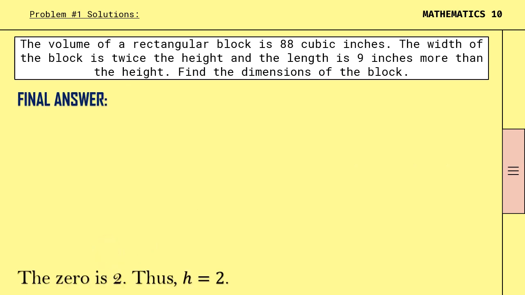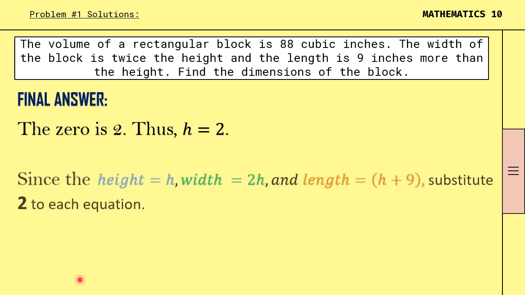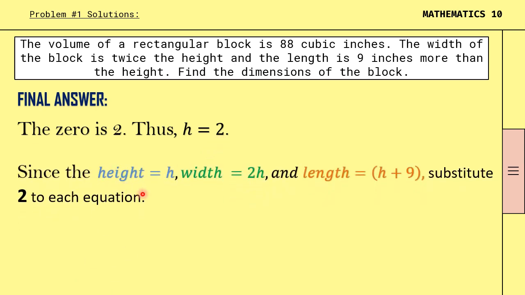Now, let's write our final answer again. The zero is 2, thus h is equal to 2. Since the height a while ago is represented as h, width is represented as 2h, and length is represented as h plus 9, what we're going to do is simply substitute the value of h that we've got.